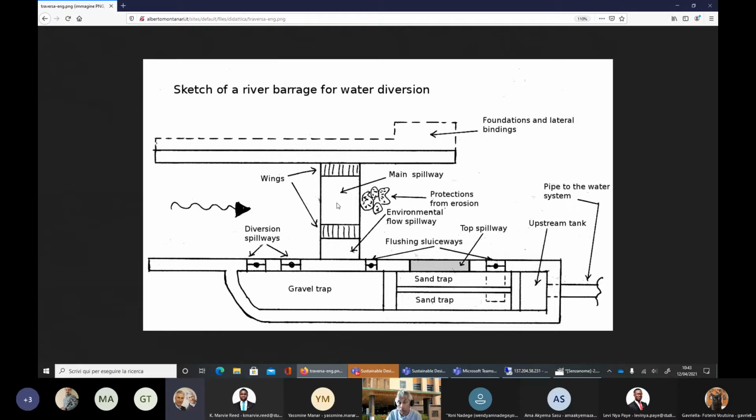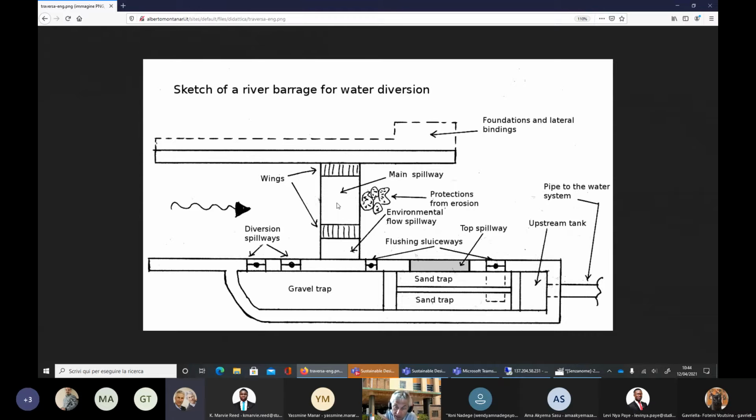Because if you want to occupy room in the transversal direction across the river, and the slopes of the river are very steep, then you need to dig a lot, to excavate a lot. And when you excavate at the foot of a steep slope, you know, there might be stability problems.